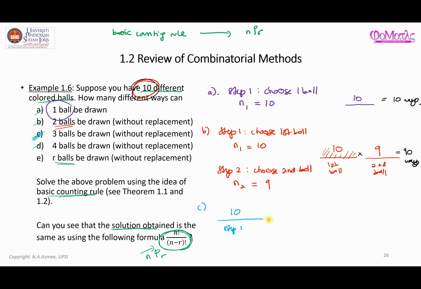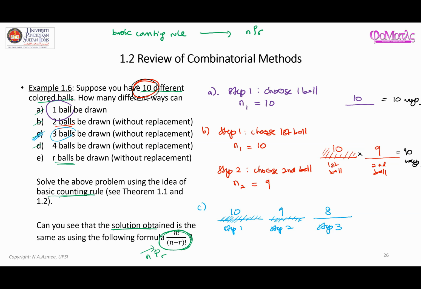Okay, and then in the second step, you're going to choose the second ball. So you are reduced to 9 options because this space has already been filled up. And then the third step is to choose the third ball. So this space is already filled up. So the number of options that you have is going to be equal to 8.